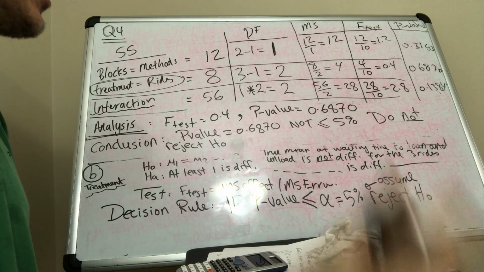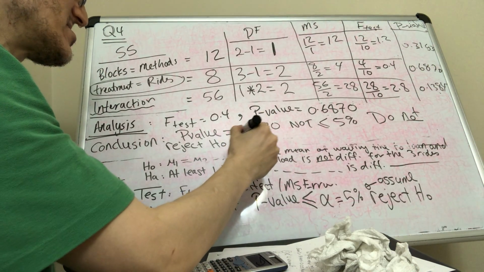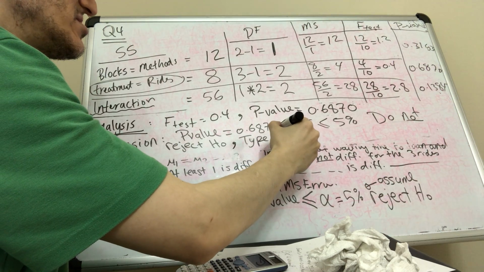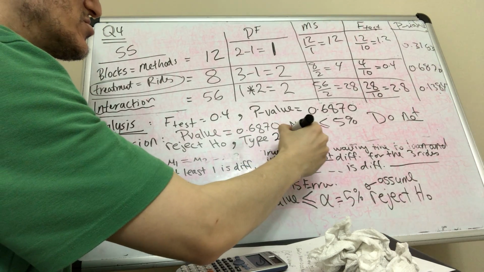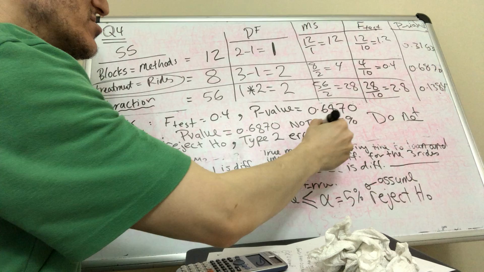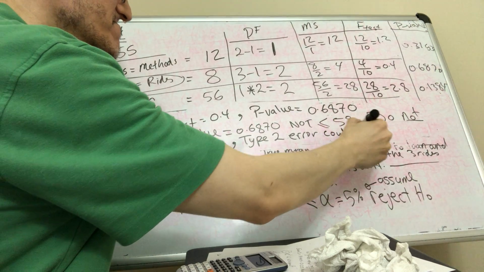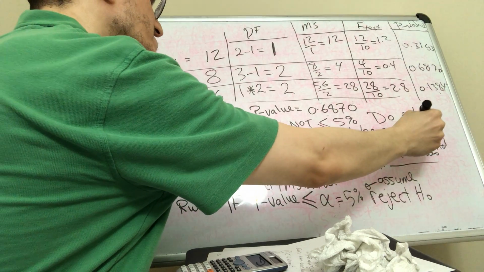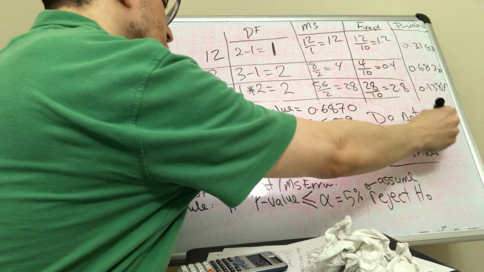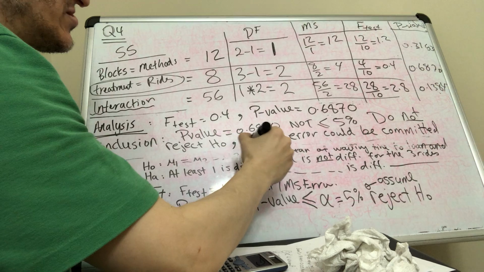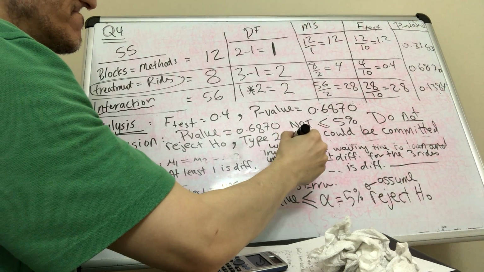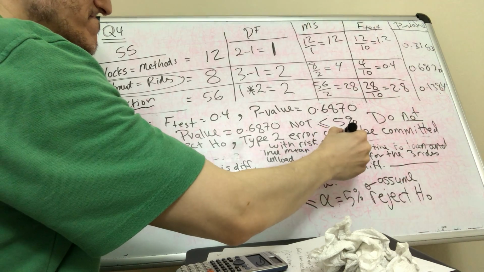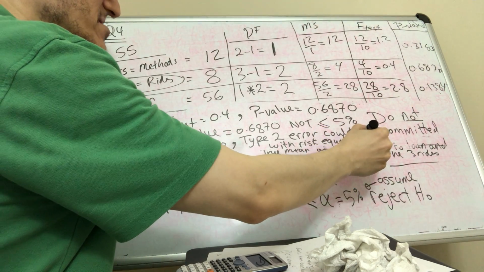Anytime you don't reject, you have to mention type 2 could be committed with risk equals beta.